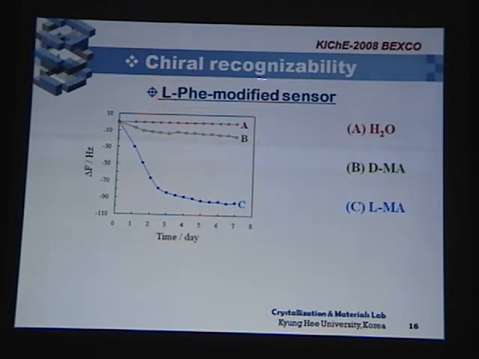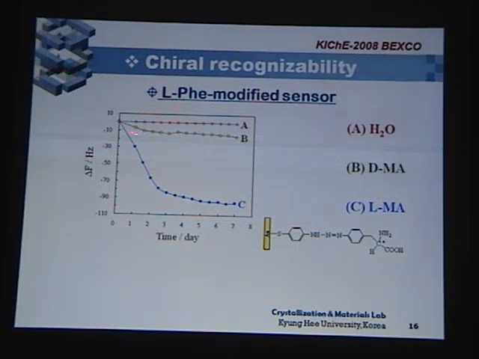The chiral recognizability on this selector modified surface was checked by sensing L and D mandelic acid using the VDMA reaction method. Here we can see the results obtained on the alpha-anion modified sensor.